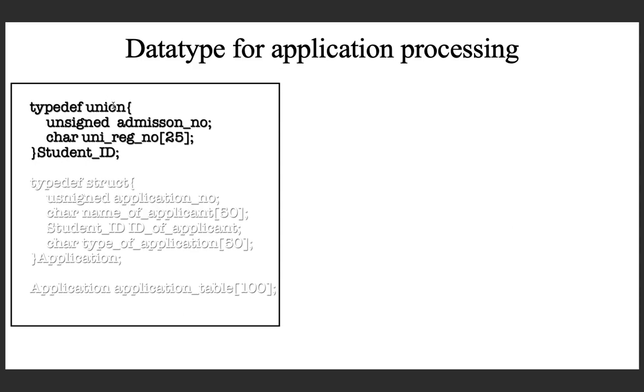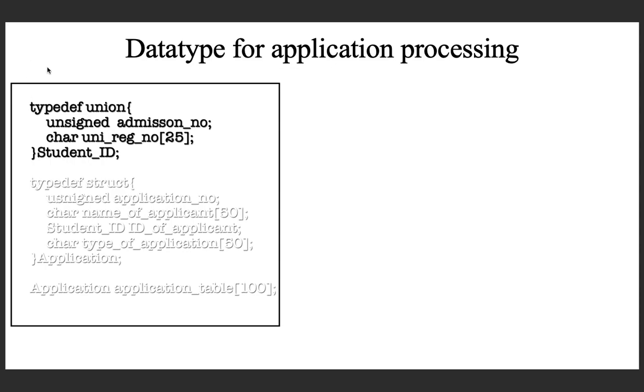For the third field, I am defining a union, namely student ID. The student ID can be either the admission number in the institution, which is an unsigned data, or it could be the university register number, which is a character array. If you recall, this is exactly what we wanted.